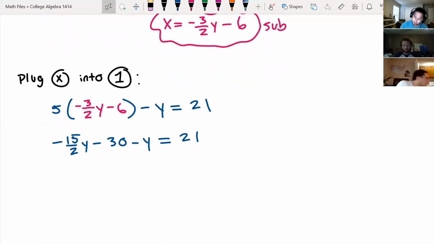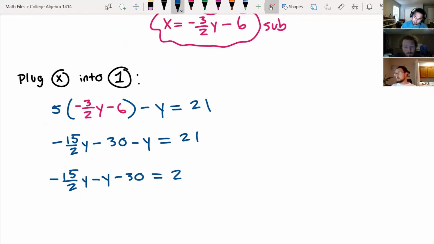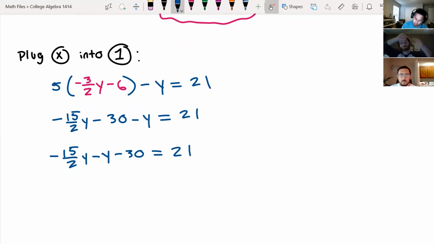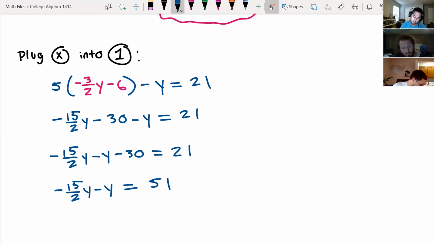Put your like terms together, and I'll have negative 15/2 y minus y minus 30 equal to 21. We'll add that 30 over, and you get 51.